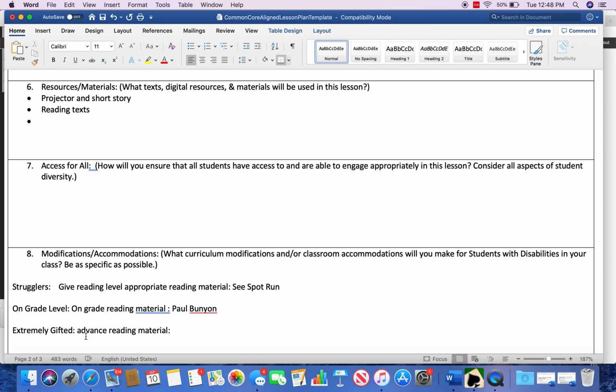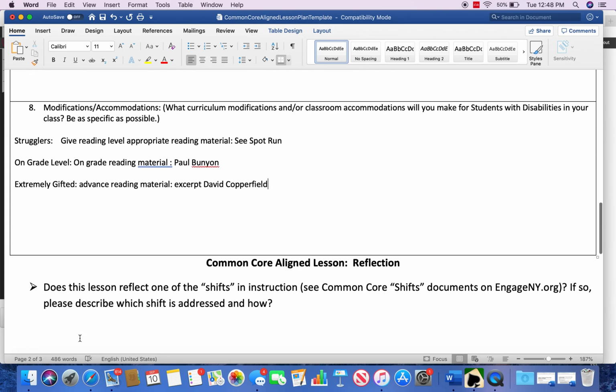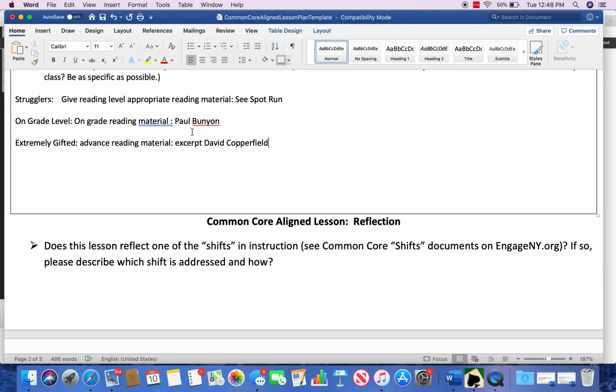Perhaps they're going to read not the whole novel, but just a little excerpt from, they're 6th grade level, maybe they're reading an excerpt from the novel David Copperfield. Okay, because they can actually comprehend and work with more intense and difficult language. Okay, so this is how you accommodate.